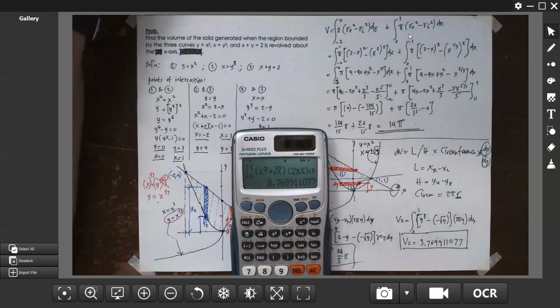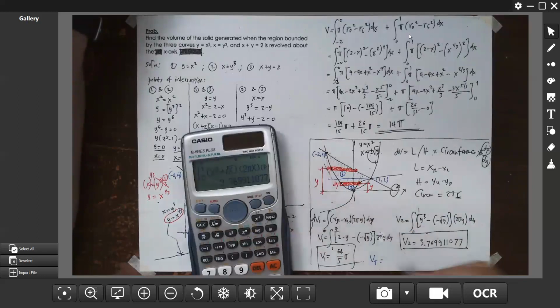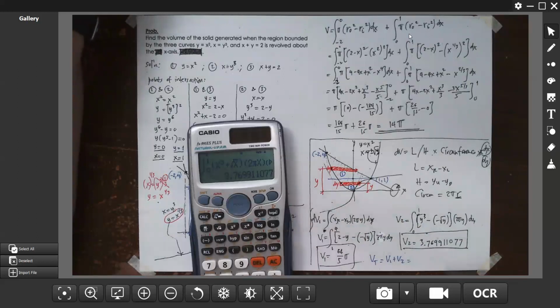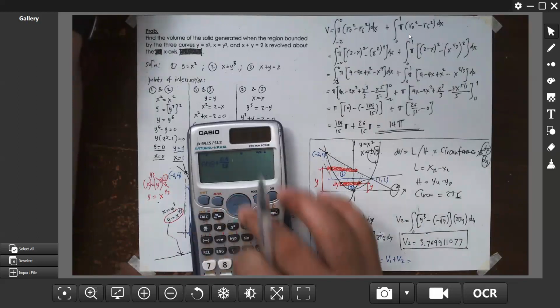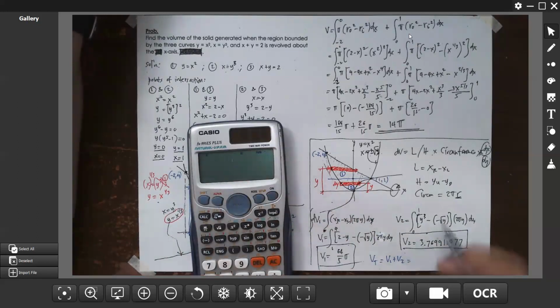The total volume, if we add V1 plus V2, plus 64 over 5 pi, the answer is 43.98229704.